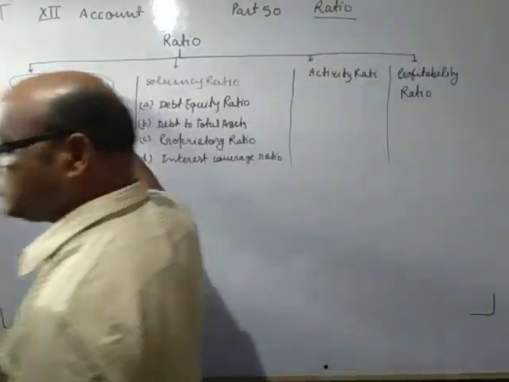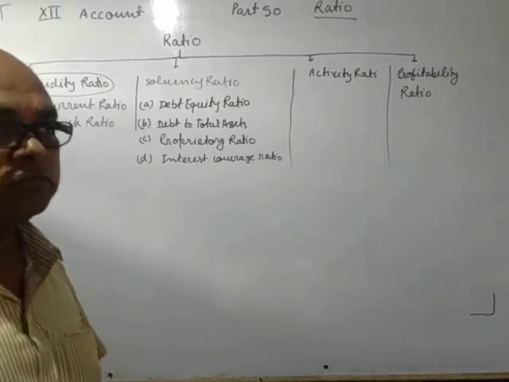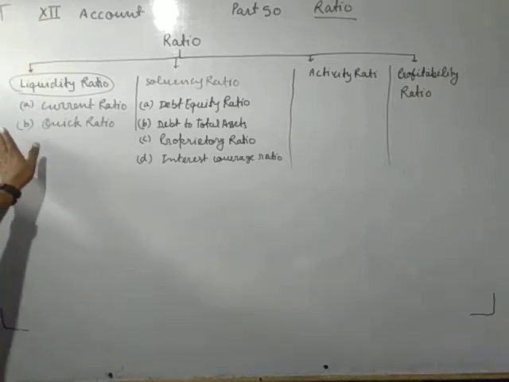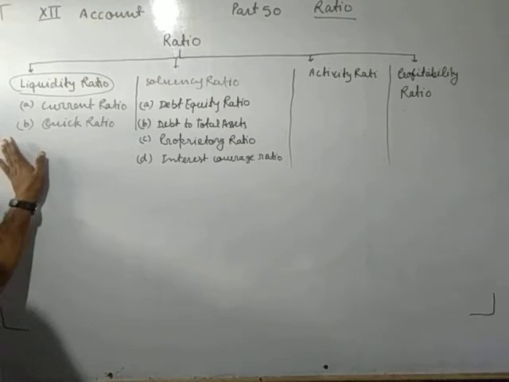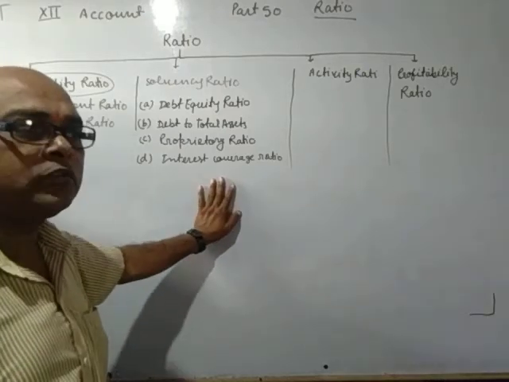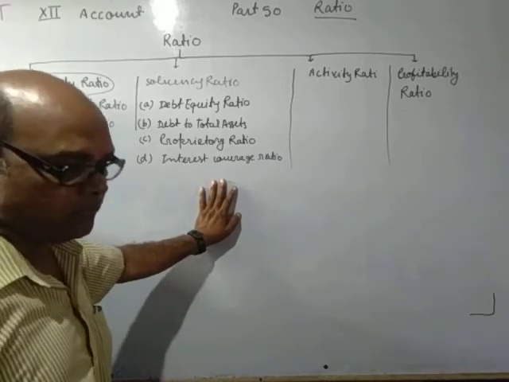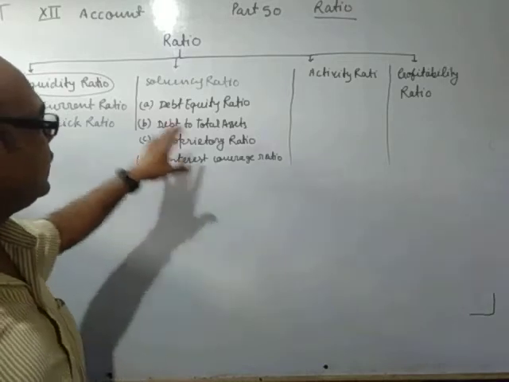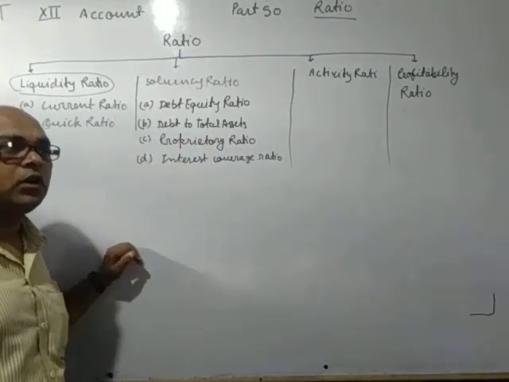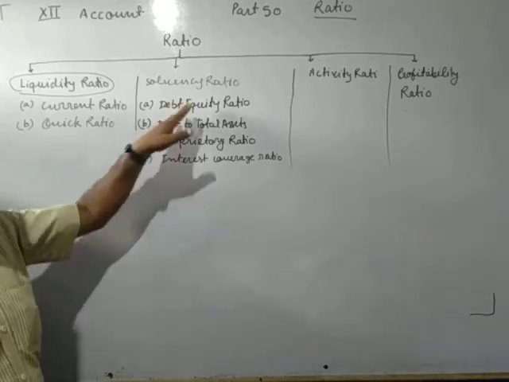Liquidity ratio is used by those persons who provide loans for a short term. Short term means those loans which you have to pay within a year, and long term means those loans which you have to pay after more than one year. So such creditors or banks study the solvency ratio.